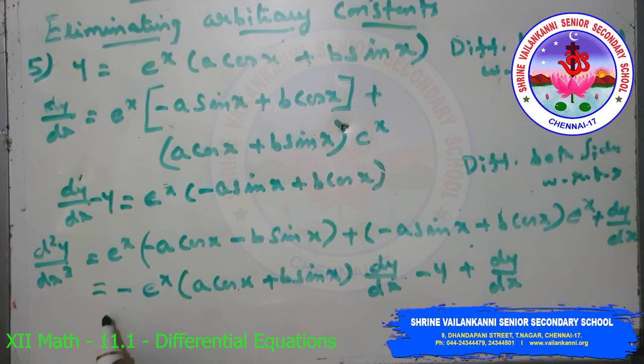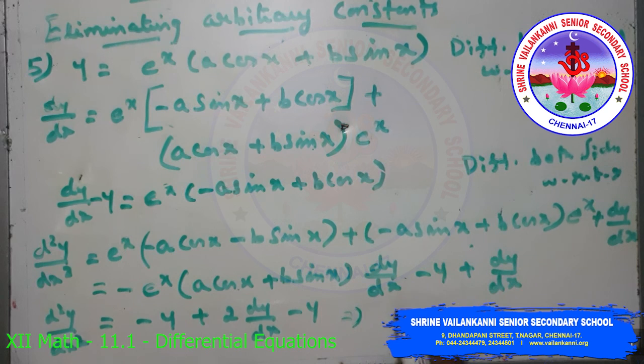Here it is minus, so it is minus y, plus 2 into dy by dx and minus y. So d square y by dx square is equal to d square y by dx square minus 2 into dy by dx plus 2y, which is equal to 0, which is the required differential equation.